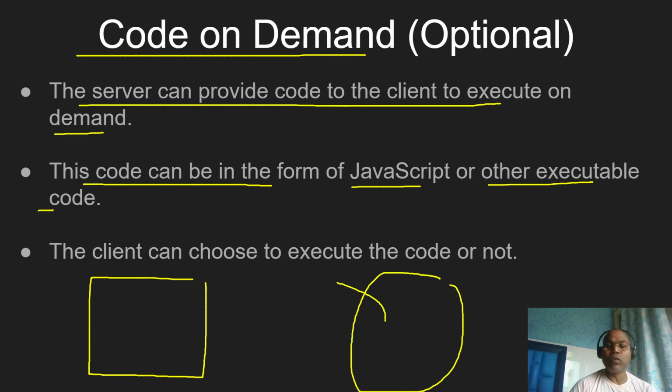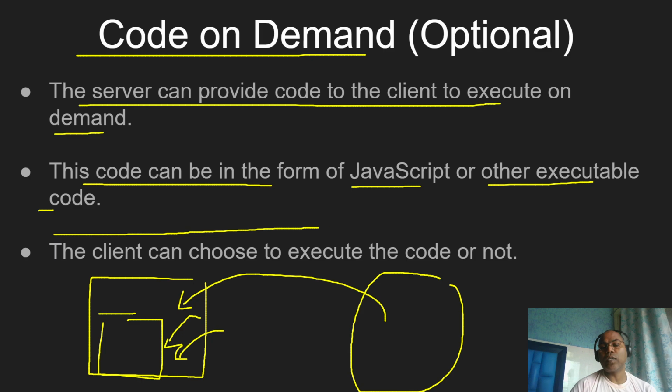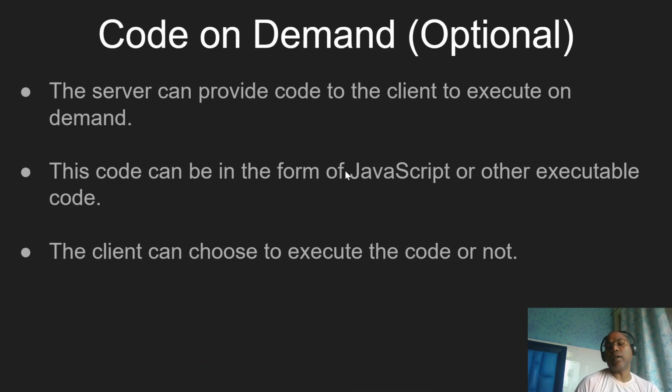The server responds with data, and the response HTML builds the page, JavaScript makes the interaction, and there is CSS code and everything. So you can get this code on demand, and the client can choose to execute the code in the browser whenever the situation requires. So code on demand is also a guideline of the REST architecture.